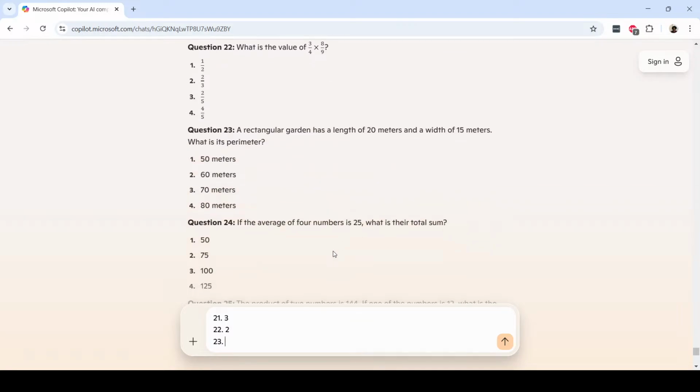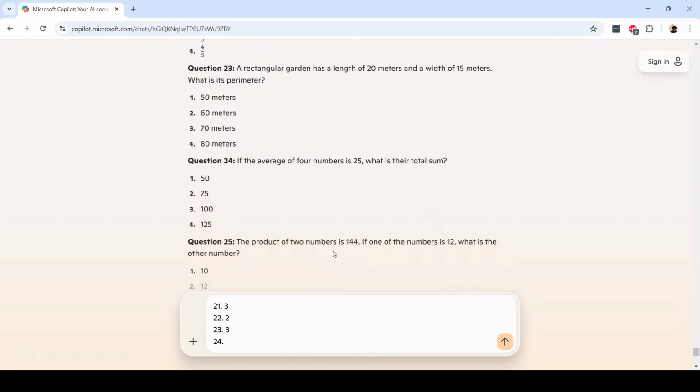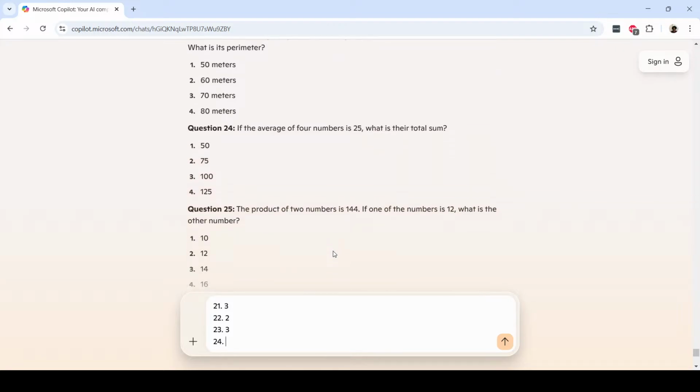A rectangular garden has a length of 20 meters and width of 15 meters. So it's 40 plus 30, means 70. The next question: if the average of four numbers is 25, what is their total sum?